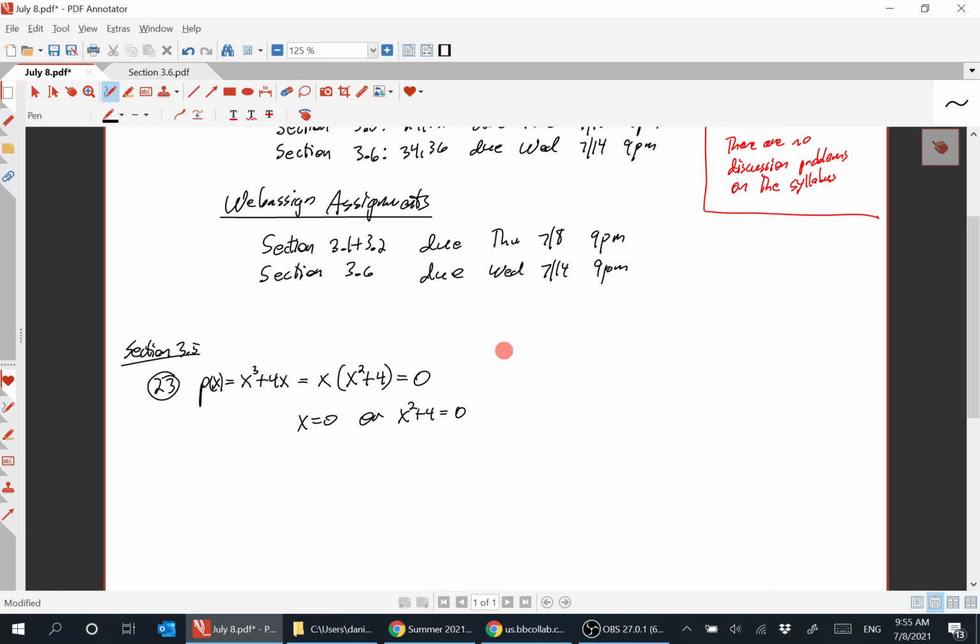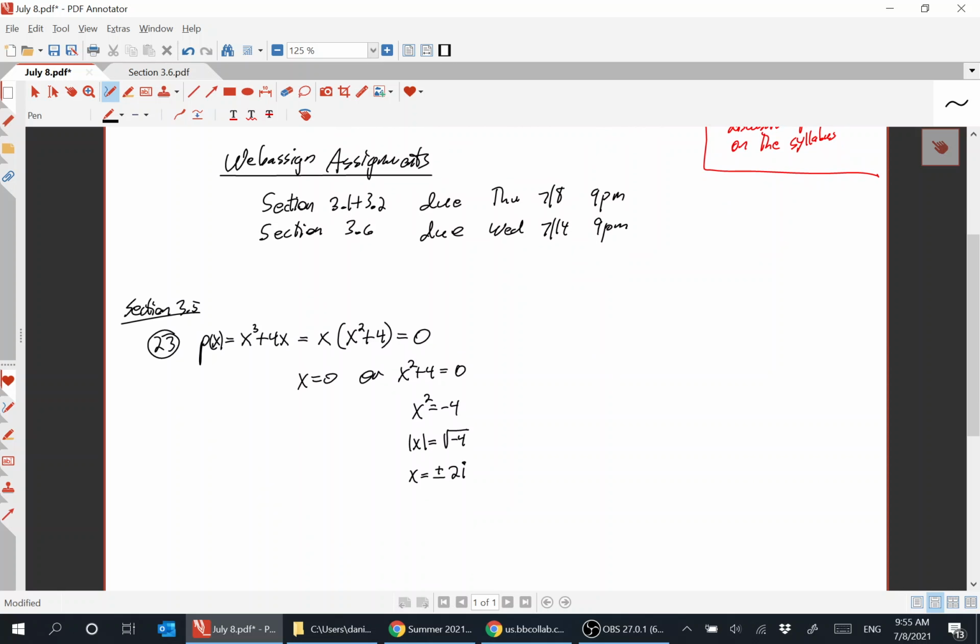The x squared plus 4 equal to 0 means x squared equals negative 4, which means x is plus or minus the square root of negative 4. As a point of notation, I'll take an extra step: plus or minus the square root of 4 times the square root of negative 1.